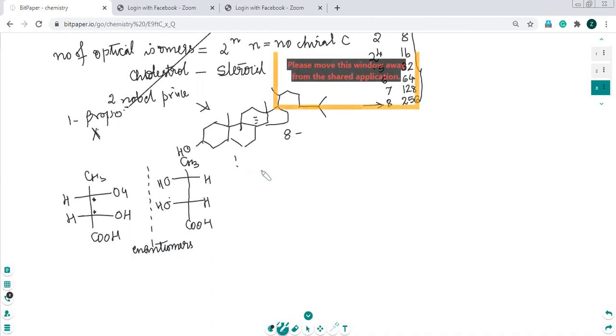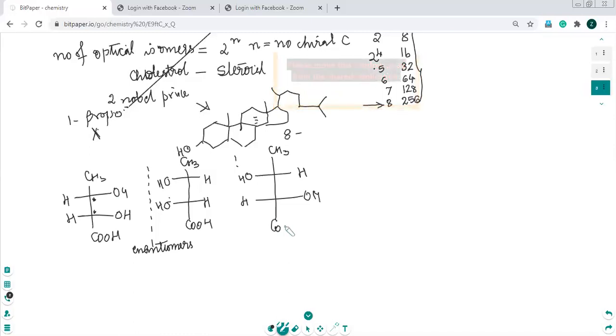Now I can have a third structure. It's not a mirror image. Look here. What I'm doing is I'm putting the CH3 here, OH in the same place. No, OH I'm putting this way. And here I'm retaining the OH on the other side.